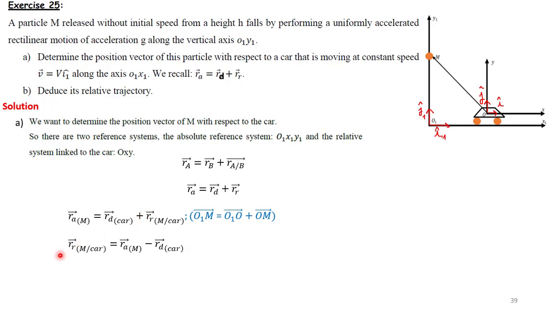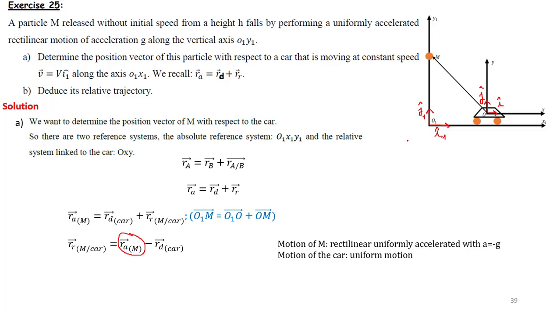So R relative, the position vector of M relative to the car, is equal to R absolute minus R driving. Okay, we need to find now RA and RD. What is RA? It's the position vector of point M as observed by O1. O1 observes that M is making a free fall with a constant acceleration equal to minus g.